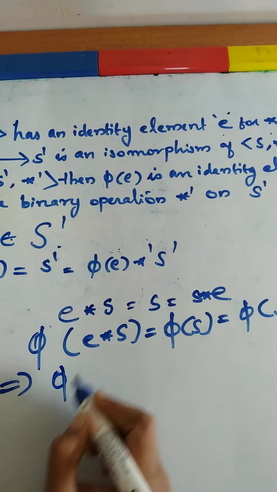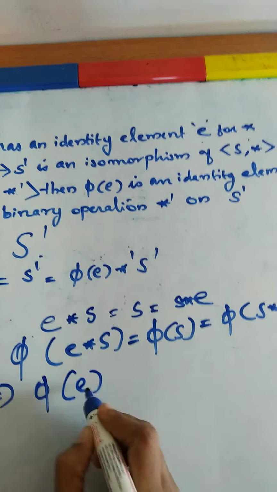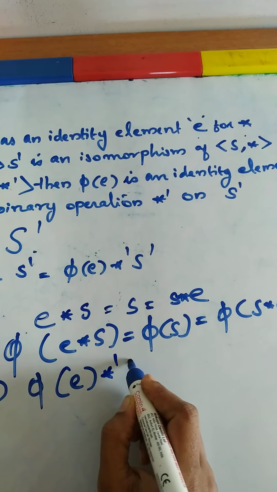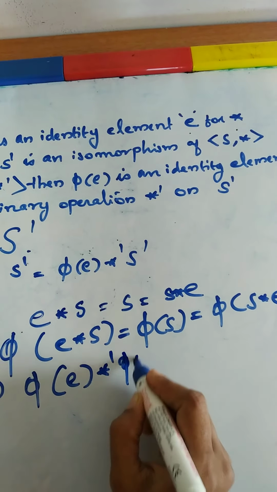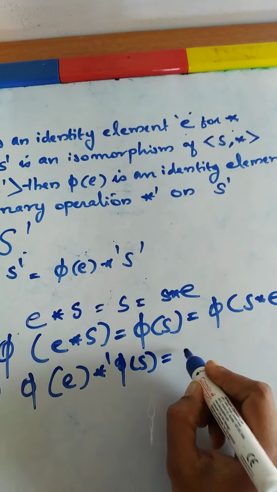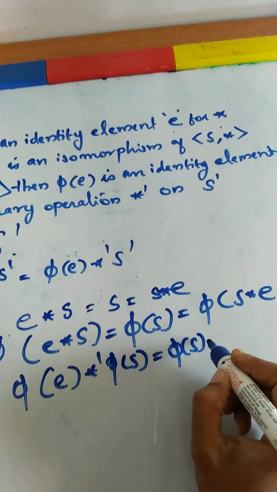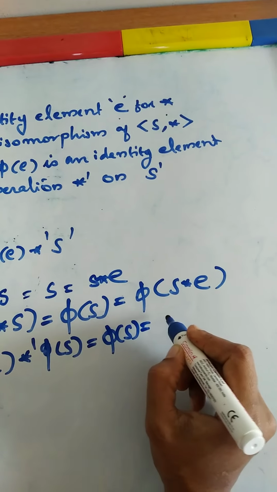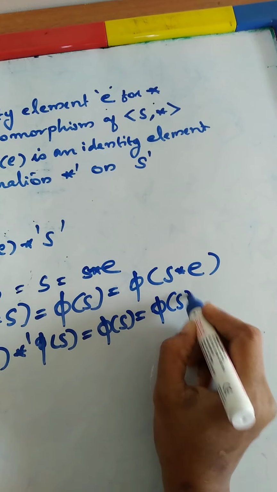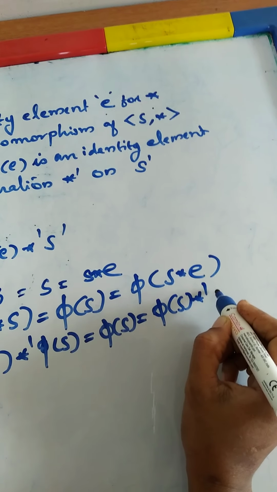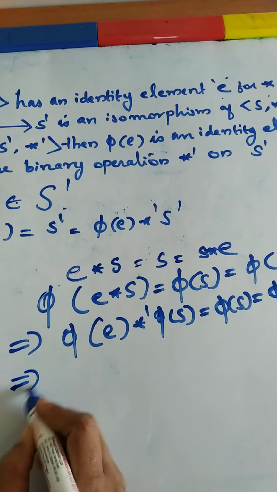So what will happen to this product? Phi of E star dash phi of S is equal to phi of S, which is equal to, applying the homomorphism property, phi of S star dash phi of E. That means, what is your phi of S?